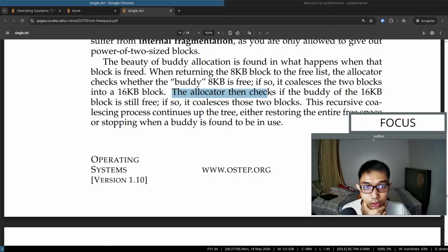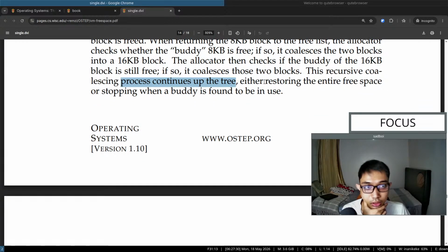The allocator then checks if the buddy of the 16 kilobyte block is still free. If so, it coalesces those 2 blocks. This recursive coalescing process continues up the tree, either restoring the entire free space or stopping when a buddy is found to be in use.